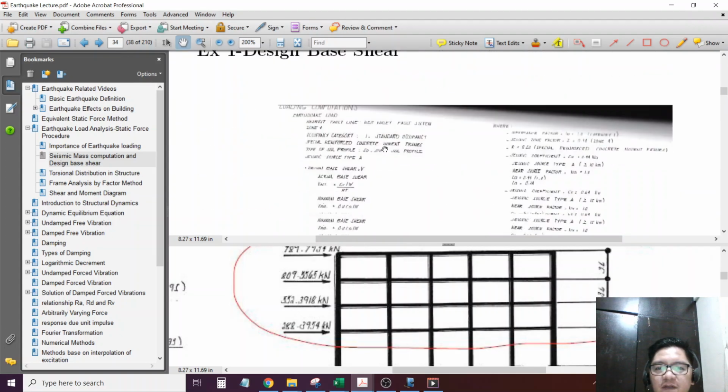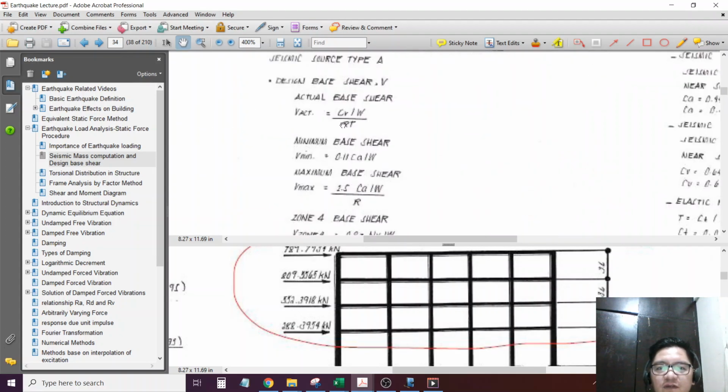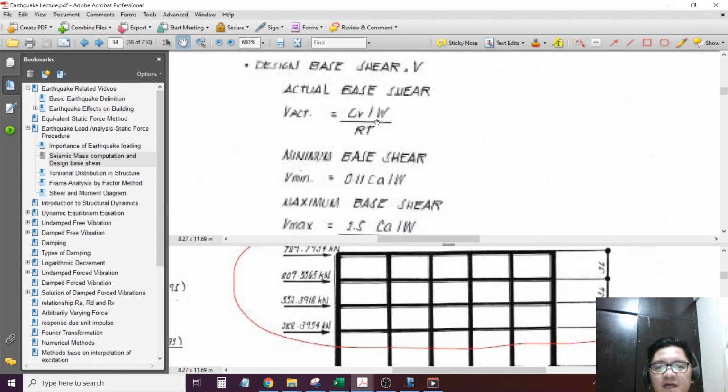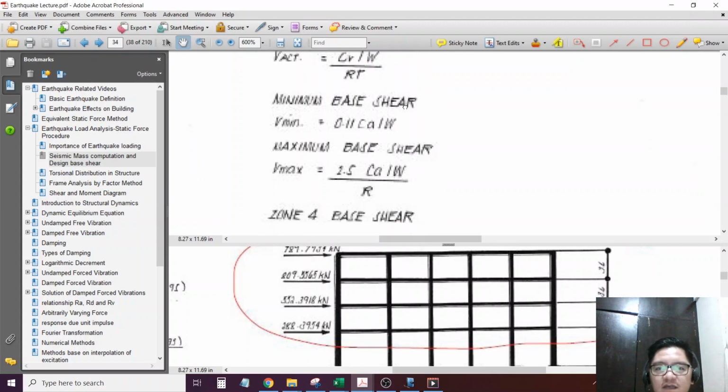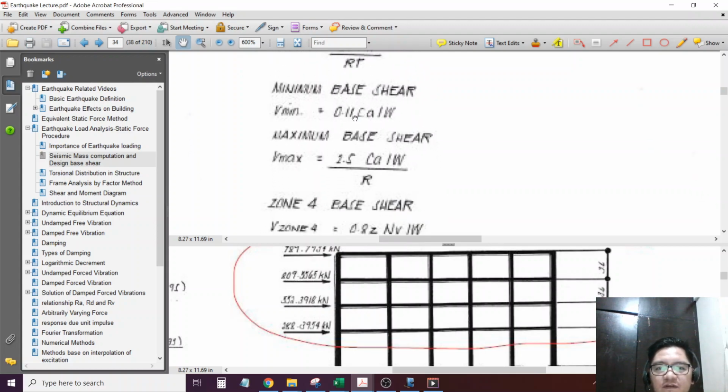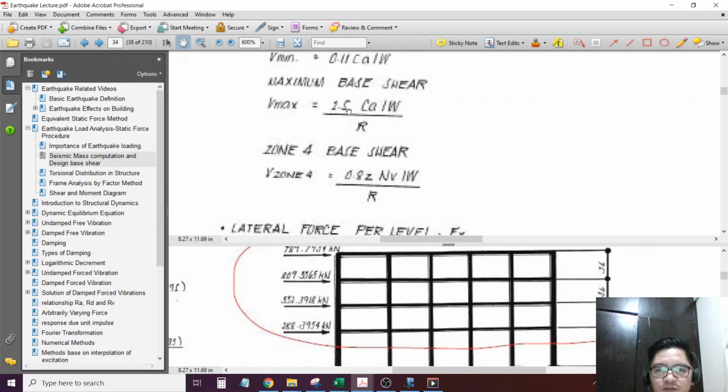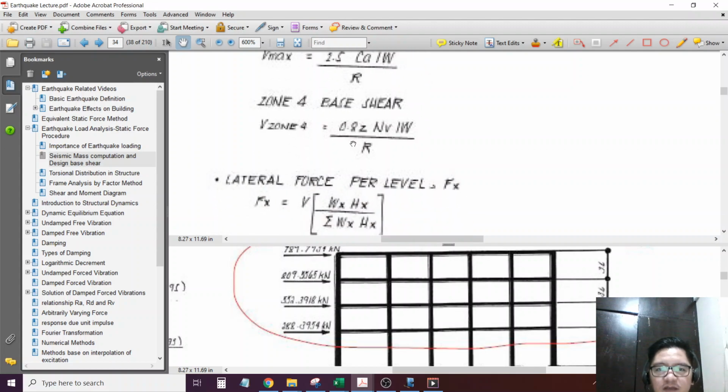Pag nakuha mo na yung weight, apply mo na yung formula natin: Cv I W over R T. And then yung minimum base shear na formula, 0.11 Ca I W. Vmax, 2.5 Ca I W over R. Ito naman, yung formula for zone 4.